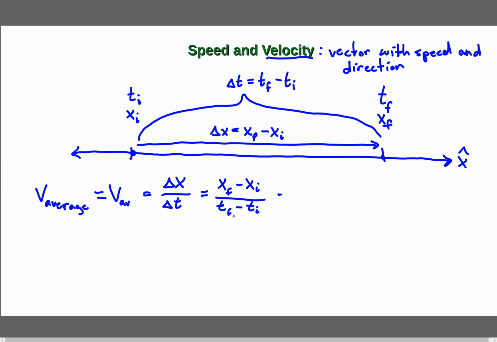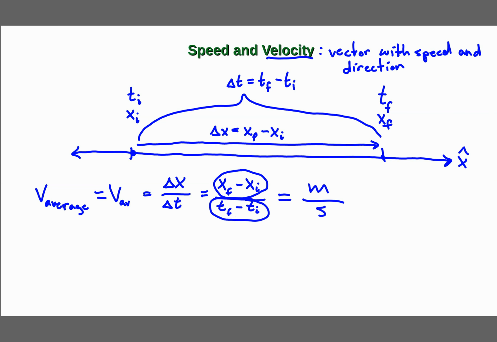Notice that as we look at this numerator up here, it is going to have units of meters, right? This is meters minus meters. And this denominator down here is going to have units of seconds. So we have units of length on top, units of time on the bottom. And this is how we get a velocity or a speed, meters per second.